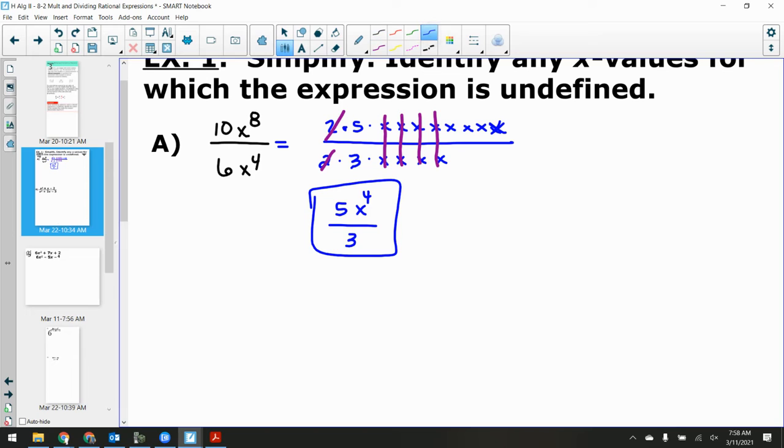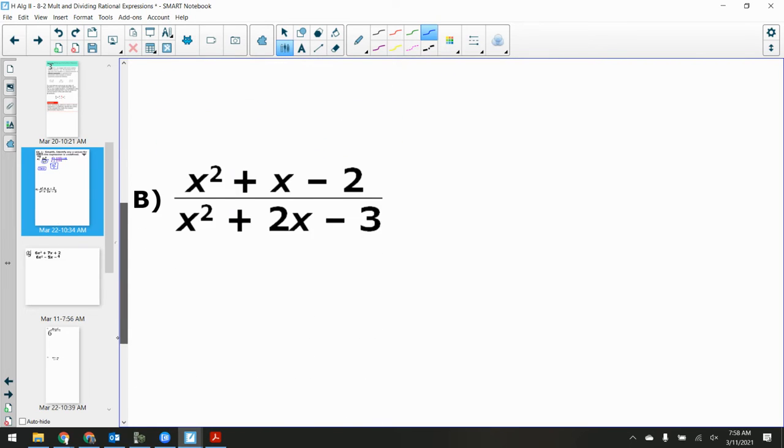If I plug in any x value to the original expression, would anything make it zero? Yes. When I plug in 0, it would be undefined. So here's how we write it. X cannot be 0. When I ask you to identify any x values for which the expression is undefined, you're going to say x not equal to, and then whatever values of the variables would make the denominator equal to 0. Okay, let's take a look at example B here.